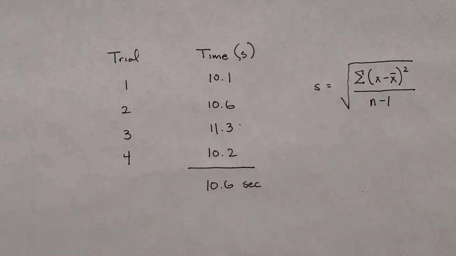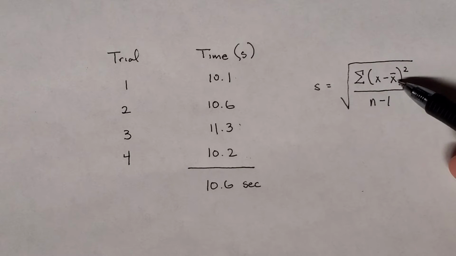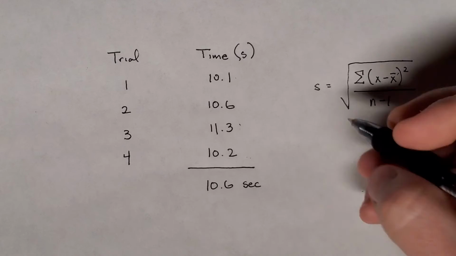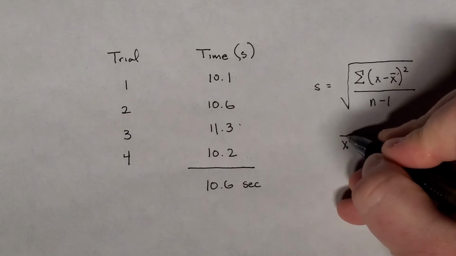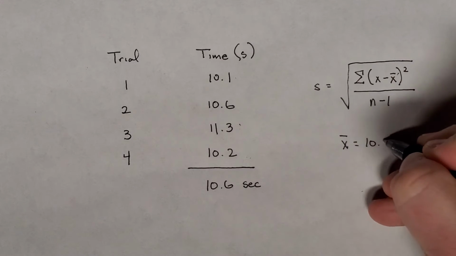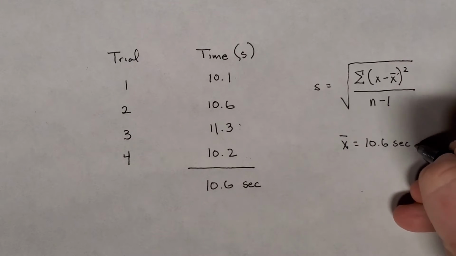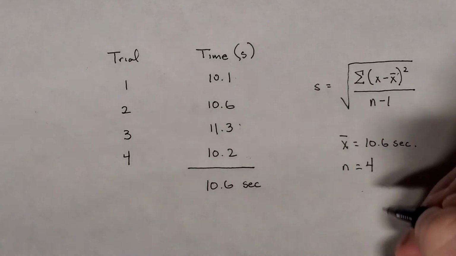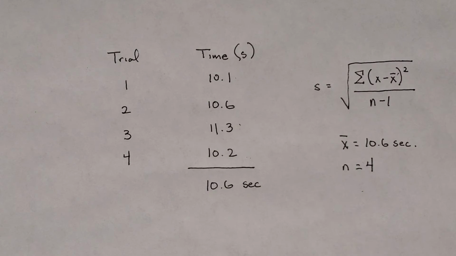In this particular equation, we actually have all of the values we need for x, x bar, which is our average, and n. In this case, our x bar is 10.6 seconds. That is the average of all the trials. N is 4, because we have run 4 trials in this experiment.